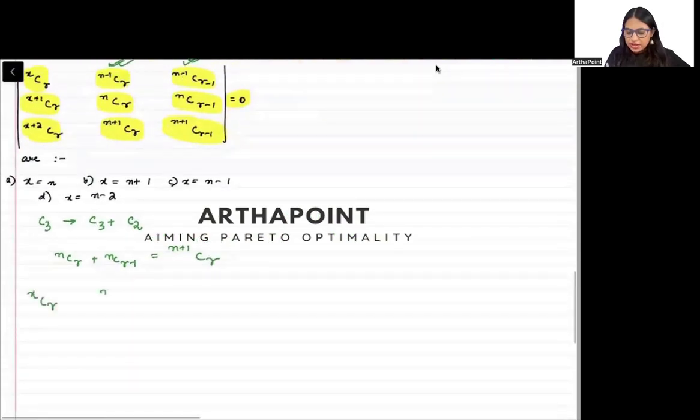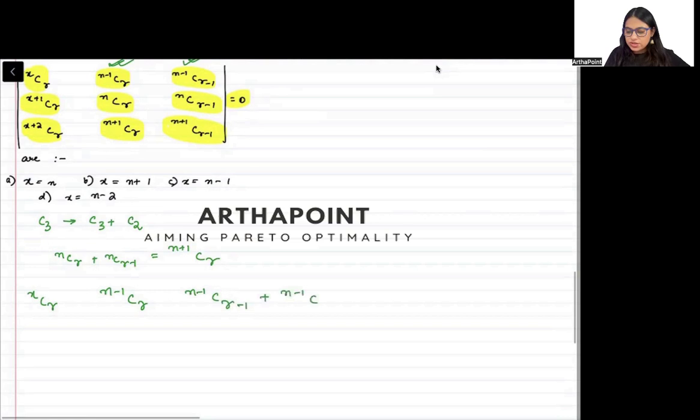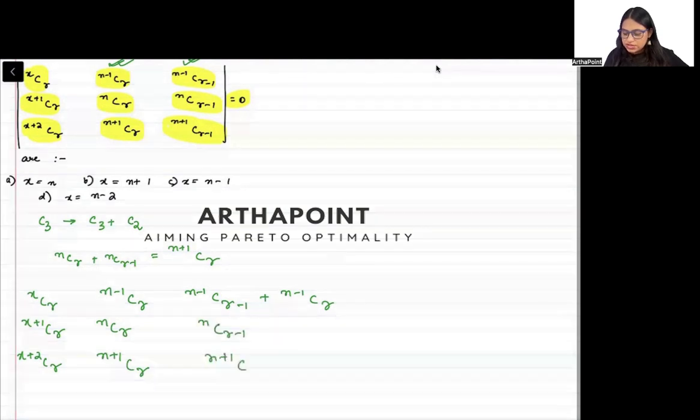So we will have xCr, n-1Cr, n-1Cr-1 plus n-1Cr, right? And then you will have x+1Cr, x+2Cr, nCr, n+1Cr, nCr-1, n+1Cr-1.